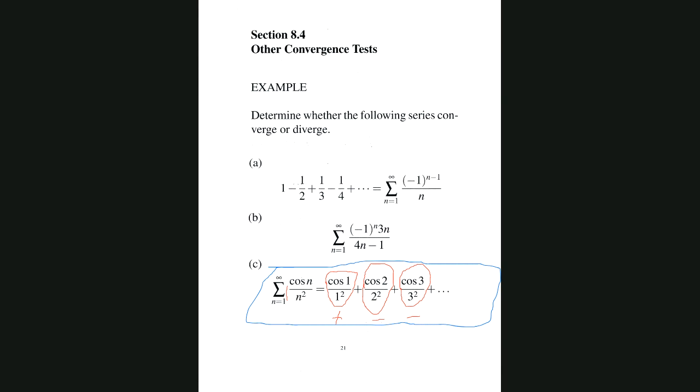I guess we want to think a little bit intuitively here. I have the cosine of n over n squared. The n squared's in the denominator. What series does that remind you of? That n to some power in the denominator. What type of series does this maybe remind you of a little bit?